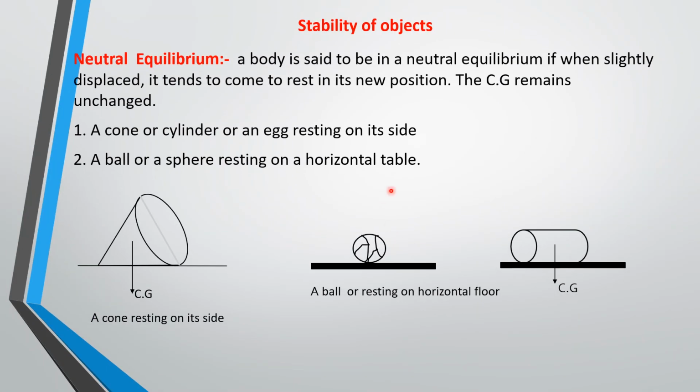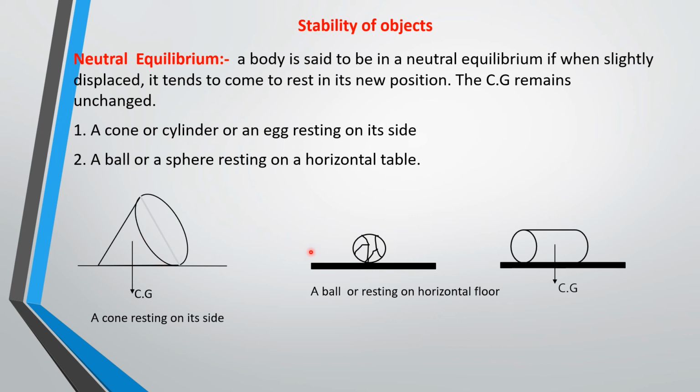Okay, so these are neutral equilibrium. A body is said to be in a neutral equilibrium if, when slightly displaced, it tends to come to rest in its new position. Here, the center of gravity remains unchanged. So a cone that is lying on its side is an example of a body that is in a state of neutral equilibrium.